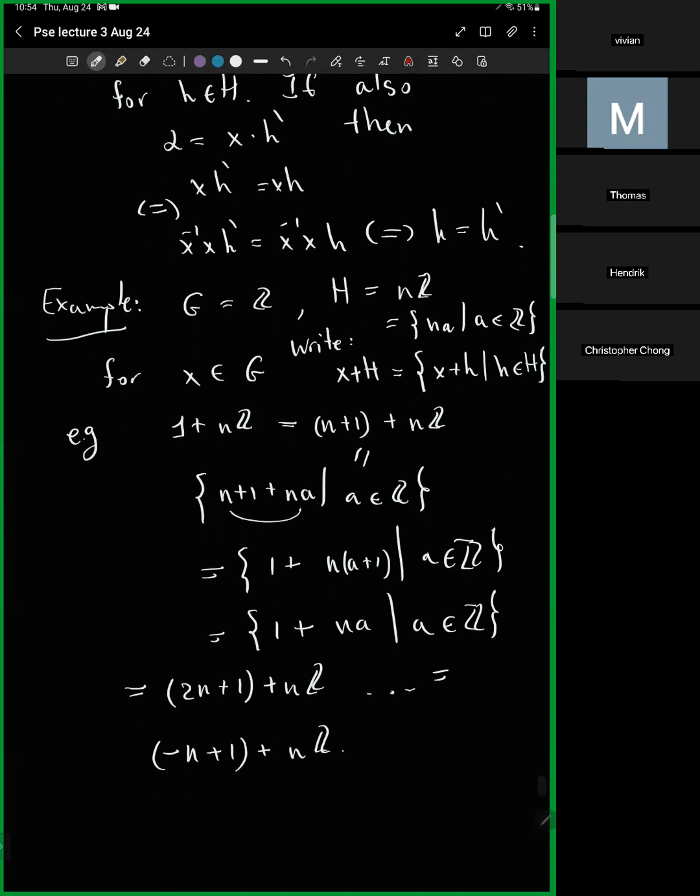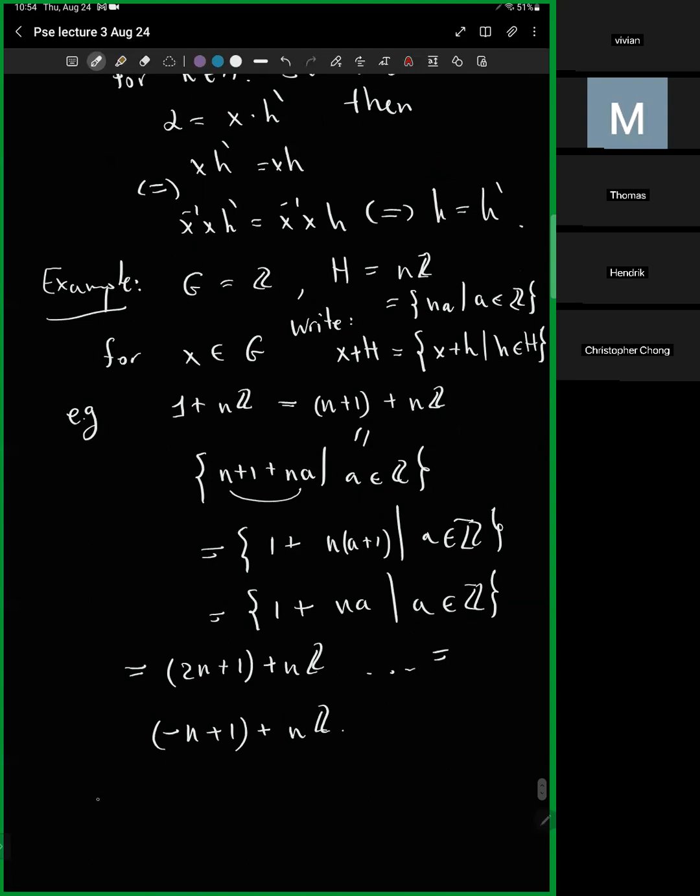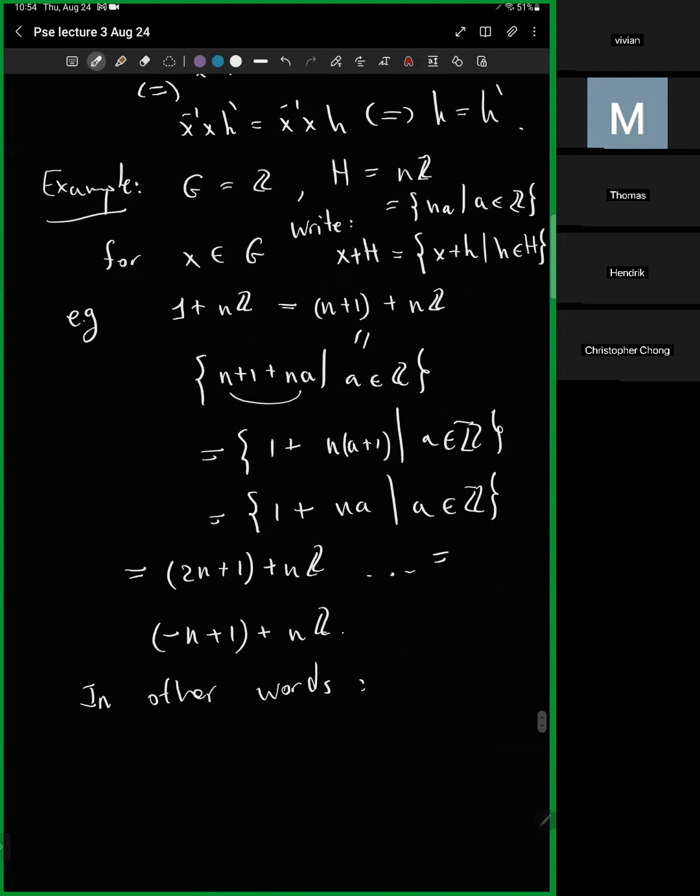So in other words, you can check that x plus nZ is equal to y plus nZ if and only if x is equal to y modulo n.